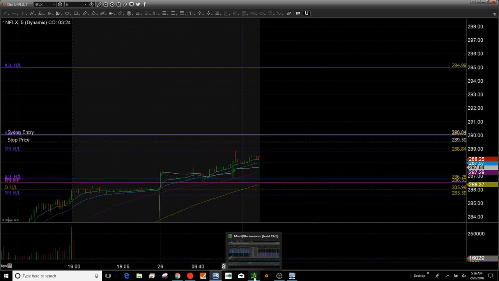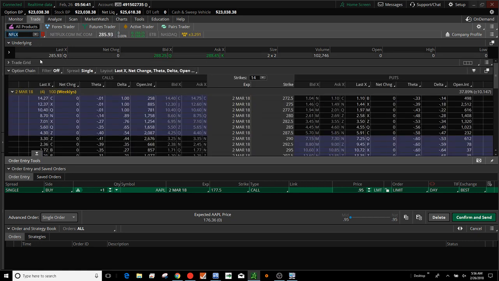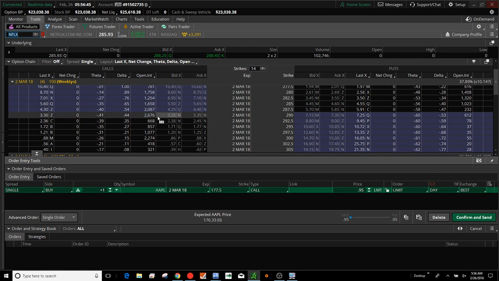Okay, so if you're going to look for an option to buy on this, NFLX, since you can only risk $40, we have to get like a 35, 40-cent delta. This is a little bit tough here. You're looking at a 15-cent, 10-cent spread, so that's not too bad right now.